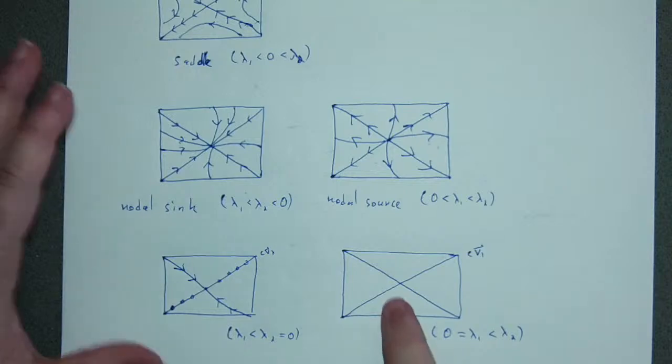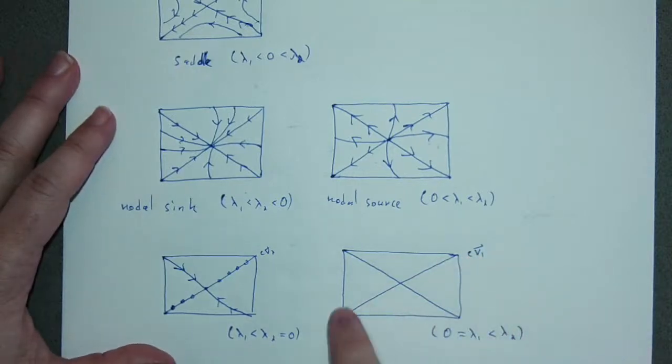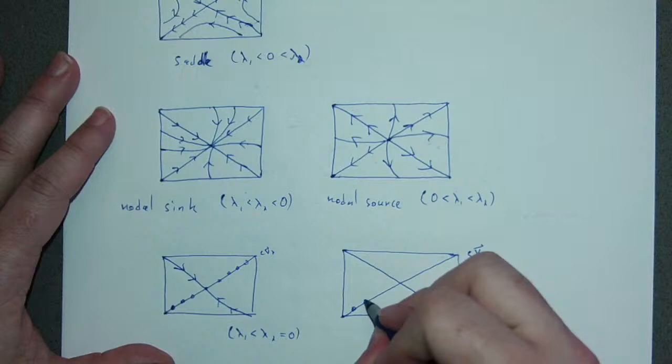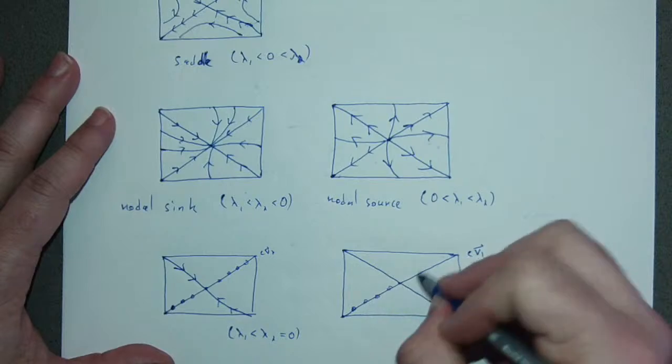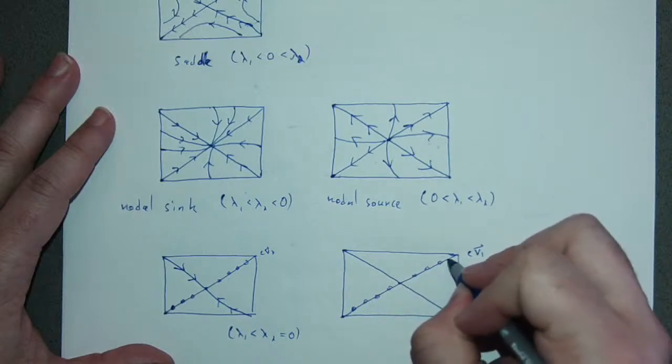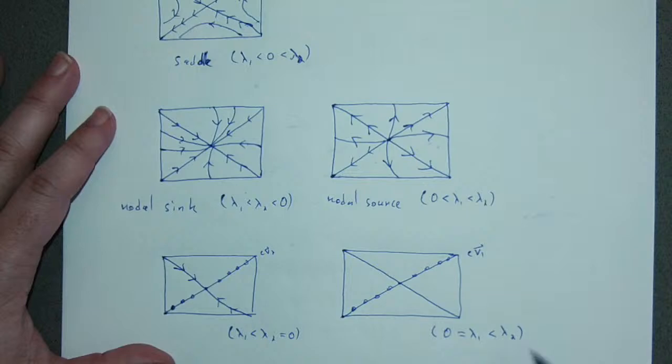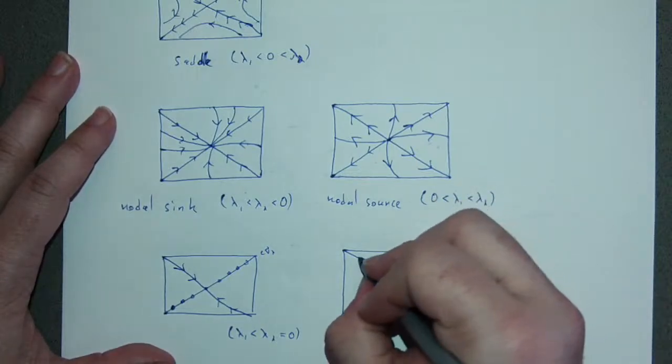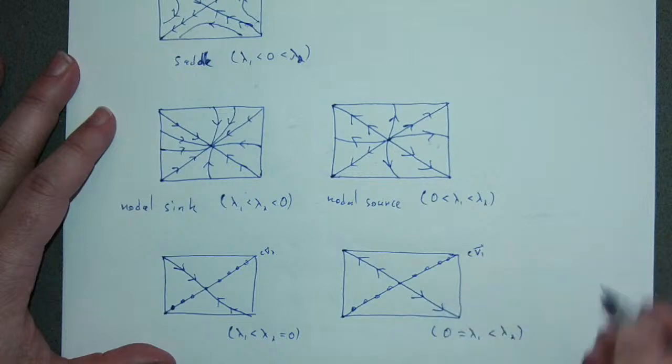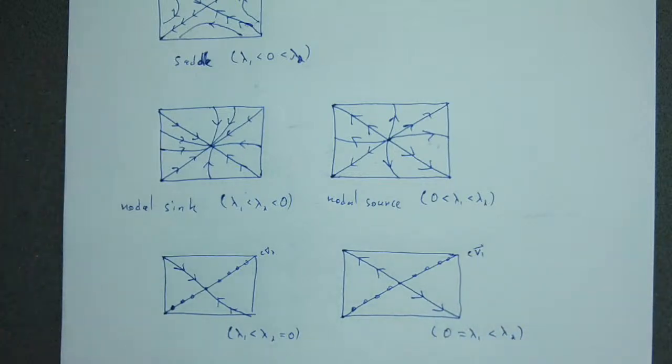Similar here, since I've said that this line in this picture is going to be my line of stationary solutions, then along the other one, I would get motion away from the origin, since the eigenvalue there is positive.